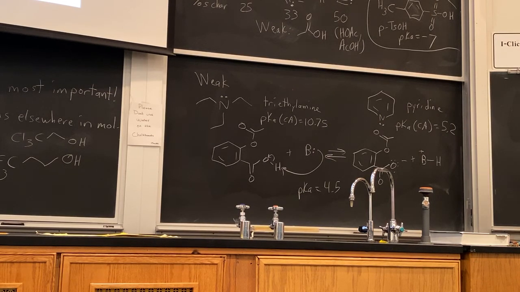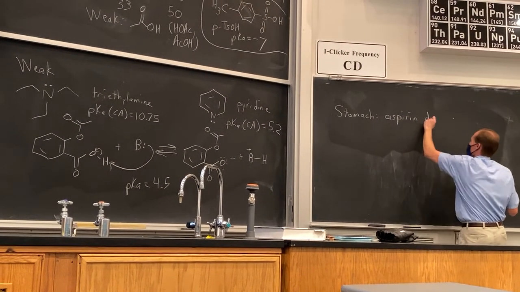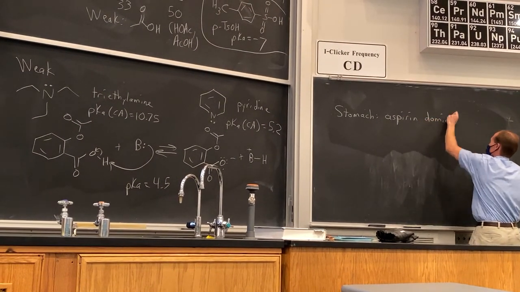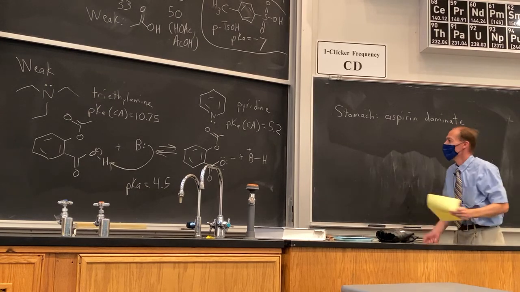So thinking about Le Chatelier's principle, if you had a higher concentration of BH plus, would that favor aspirin or its conjugate base? Aspirin itself, having a higher concentration of BH plus, would cause the conjugate base to get consumed and form more of aspirin, okay? So in the stomach, aspirin itself, as the acid, will dominate in terms of its concentration, okay?